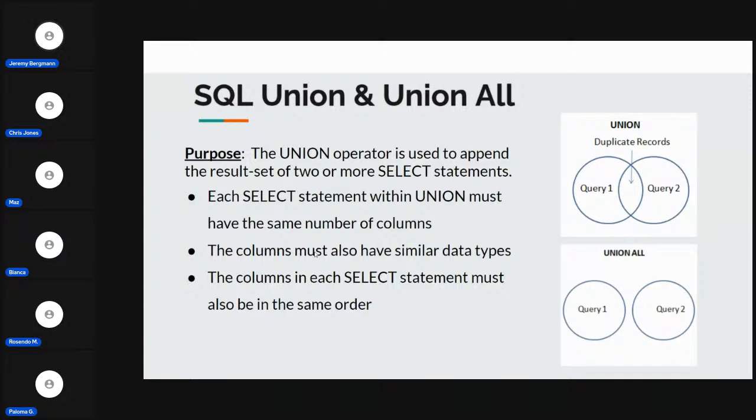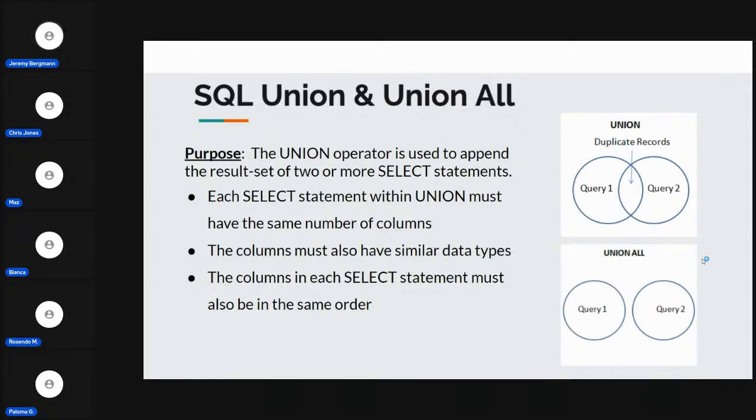Even if they aren't a perfect match, like one's a longer variable character type than the other, you can still append those two together, and I believe that it takes the longest type. And then the columns in each select statement must be in the same order. So if you have variable 1, variable 2, variable 3 in the first, it needs to be variable 1, variable 2, variable 3 in the second, and so forth.